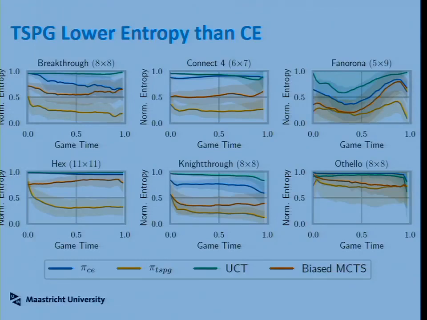And below that, we get our biased MCTS agent, which uses, in an AlphaZero-like style, these trained policies. And below that, we get our new objective function. So it really always has the lowest entropy, which means that it's not doing much exploration. It's always quite sure about a few moves that it may want to pick, and it doesn't care about any other moves. So it really doesn't have this exploratory behavior anymore.